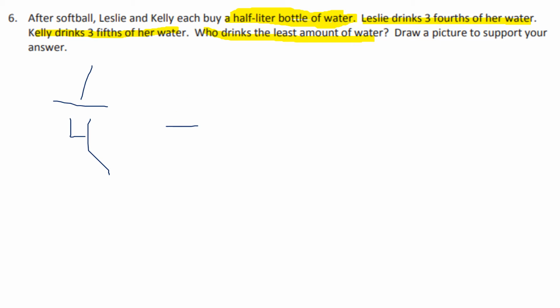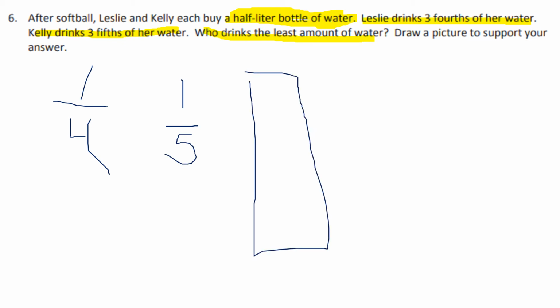Sorry, wrong number there. Oh, that one came out crazy. And you can either draw it going this way, if you want like a water bottle, or this way. Does not matter. So take your time.